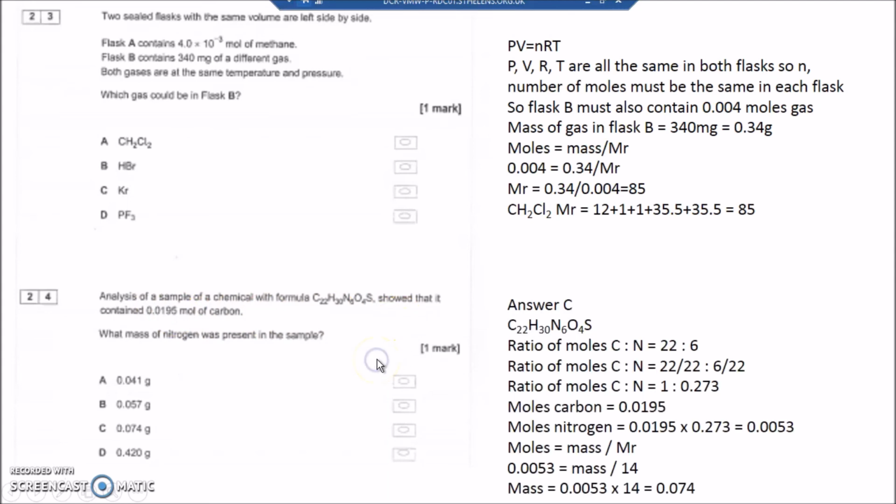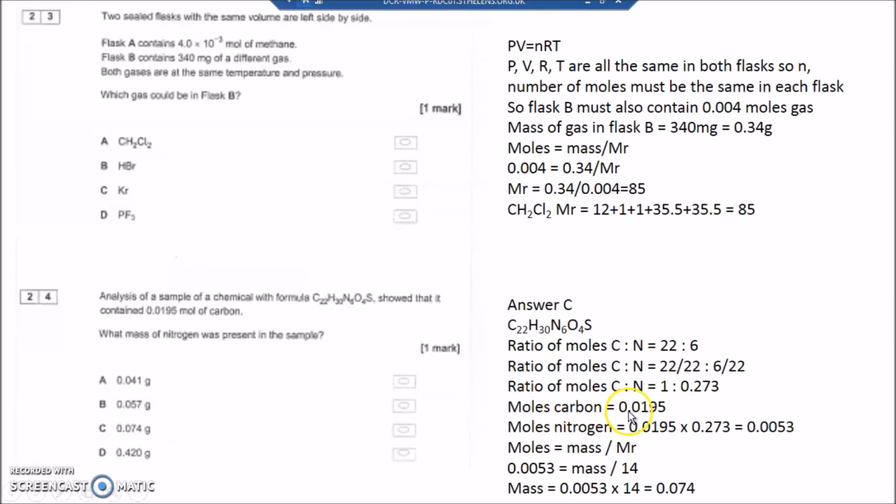If you can't see that, another way of looking at it is that the ratio of moles of carbon to nitrogen is 22 to 6, so it's a 6, not a 5. I divide both by 22, so the ratio of 1 carbon to nitrogen, 6 divided by 22, is 1 carbon for every 0.273 moles of nitrogen.